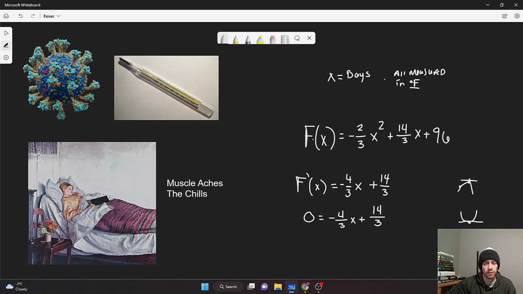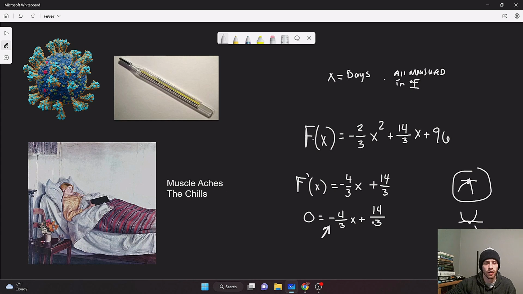To determine whether it's a maximum or minimum, the leading coefficient, if it's negative, means the graph will be downward sloping, so for our case, it's going to be a maximum. And so we set it equal to 0.